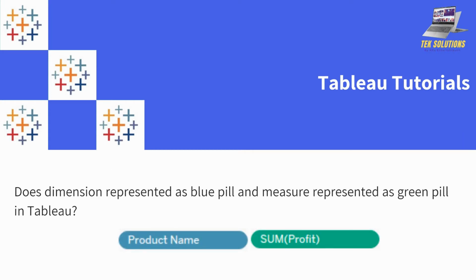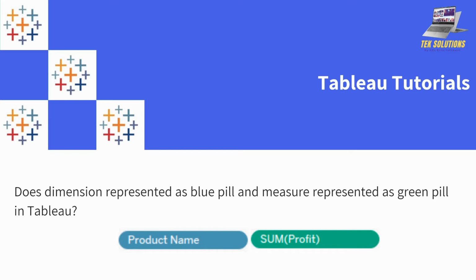You must have come across the question: does dimension represented as a blue pill and measure represented as a green pill in Tableau? The answer is yes and no. Why? Because sometimes yes, most of the dimensions are actually discrete. That is the reason they are represented as blue, and most of the measures are actually continuous, and that is the reason those are represented as green pill.